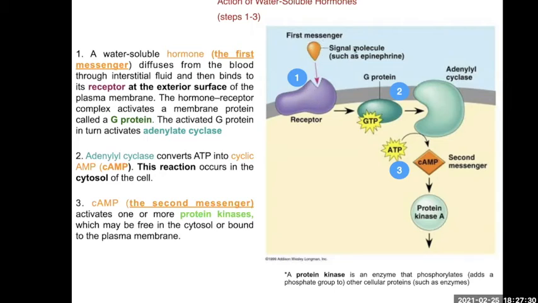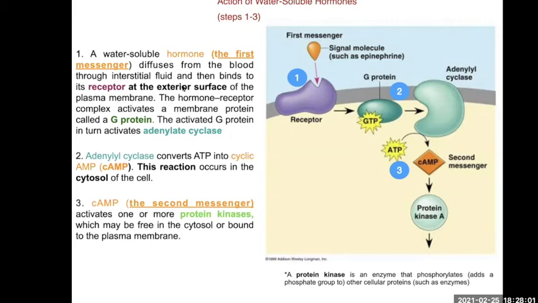And this molecule right here is known in this system as the first messenger, our epinephrine. What that first messenger does is bind to this transmembrane protein, and then you get this big, long chain of events that will have very widespread effects, but it also could lead to gene expression changes. But it's a little more complicated than what we talk about with the lipid.